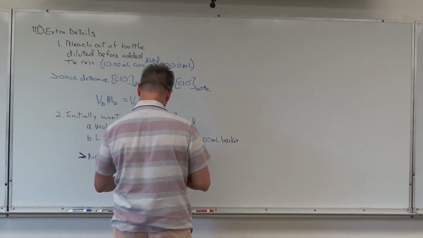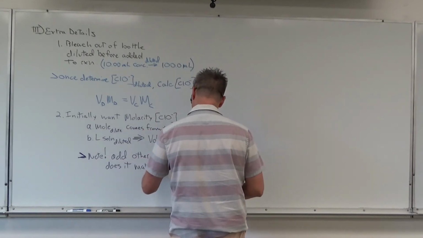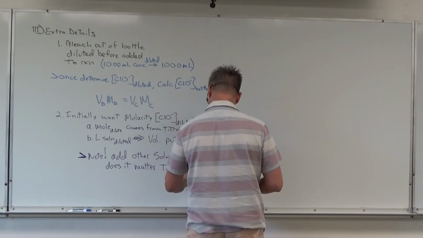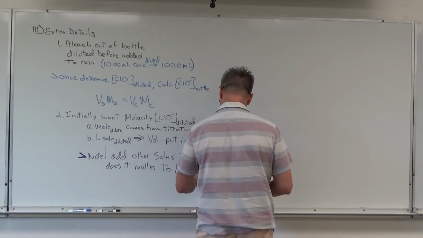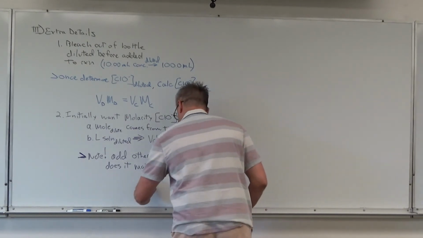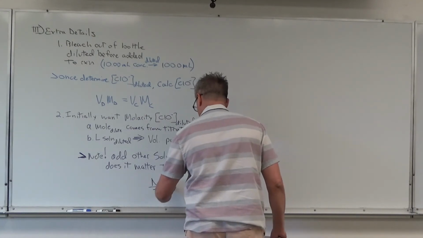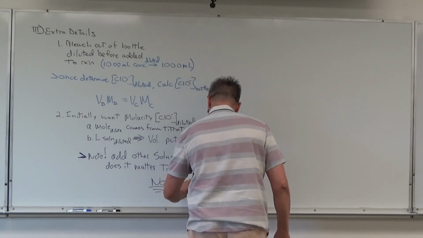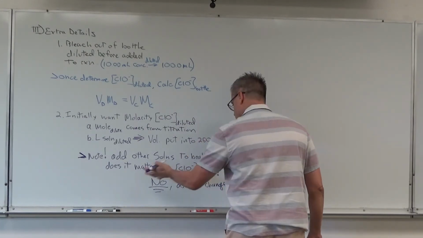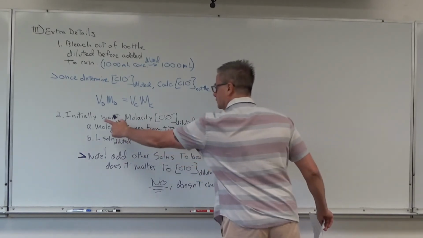Does it matter to your molarity of hypochlorite diluted? No. Because these extra solutions you're adding don't change A or B, A and B.